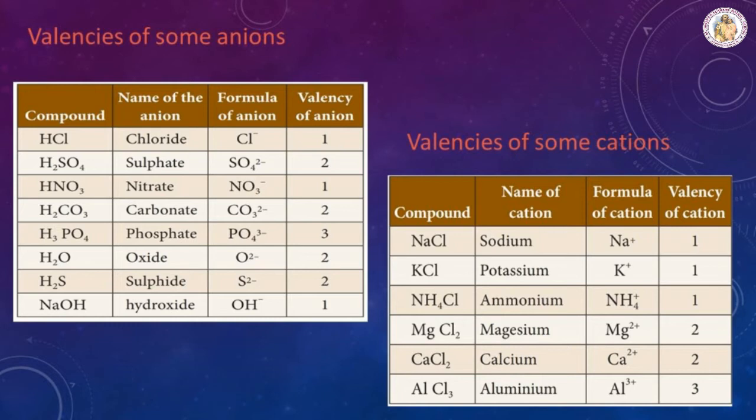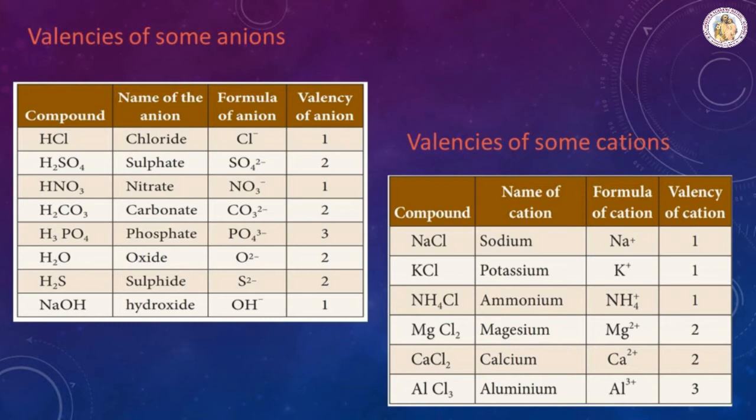Next, in phosphoric acid, the name of the anion is phosphate, and the formula of the anion is PO4 3 minus, and the valency of the anion is 3 because it combined with 3 hydrogen atoms. Next, in water, the name of the anion is oxide, and the formula of the anion is O2 minus, and the valency of the anion is 2 because it combined with 2 hydrogen atoms.